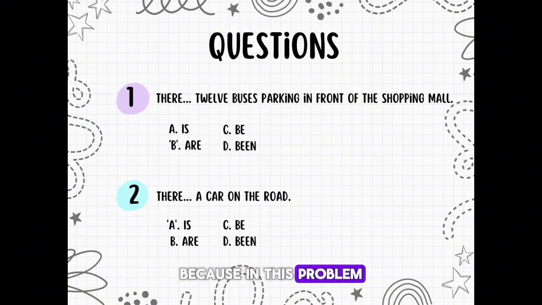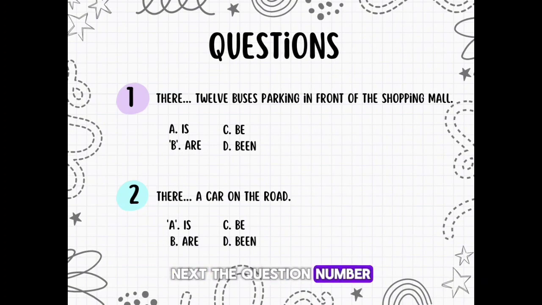Because in this problem, it mentions a plural noun in the form of a number. In accordance with my previous discussion, this problem is related to there are, which uses a plural noun in the form of a number.